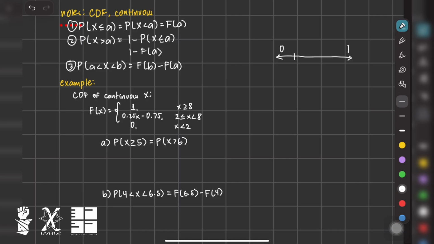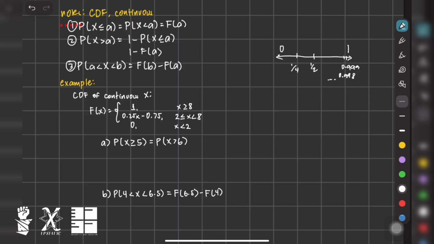For example, I have 1/2 here, I have 1/4 here, I can have 0.99 here, I can have 0.9999998, something like that.